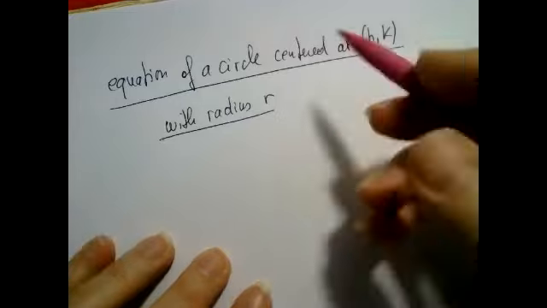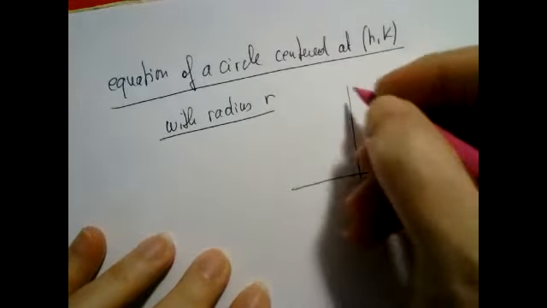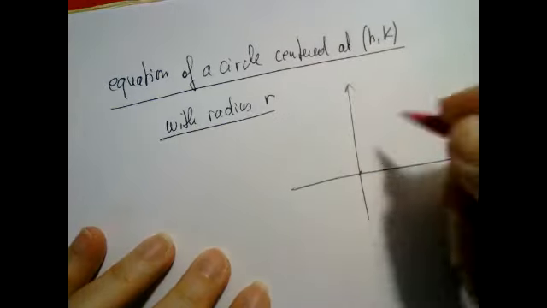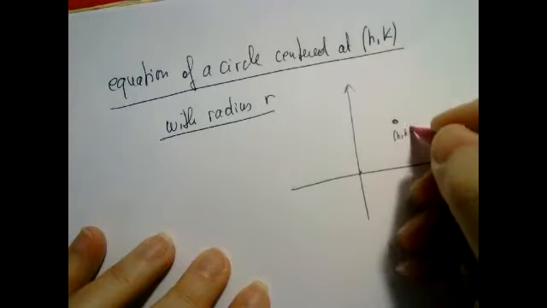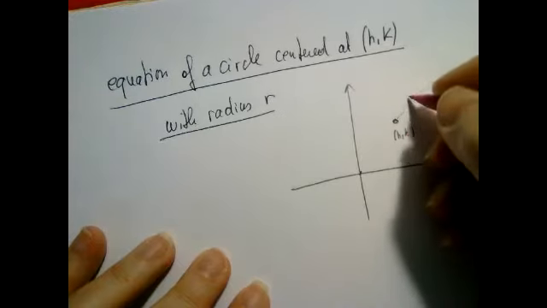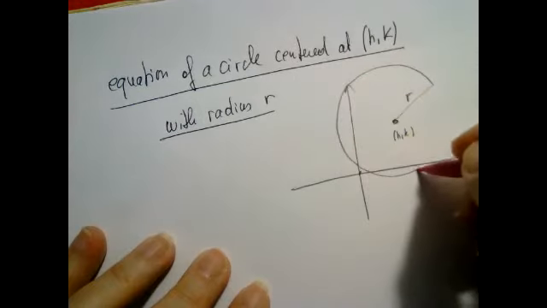So my picture changed tremendously now. This is my picture. So the center is not at the origin. My center is right here. This is my h and k. And this is my radius. And this is the circle I am working with.